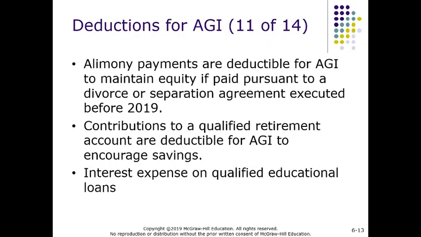Now, if your modified AGI is greater than 65,000, or 135,000 for MFJ, but below 80,000 or 165,000 for MFJ, you have this phase out amount.